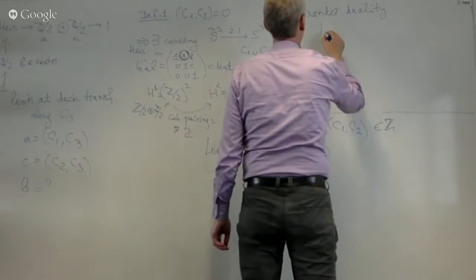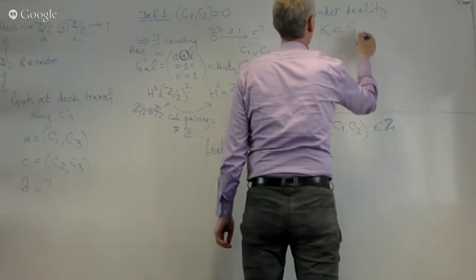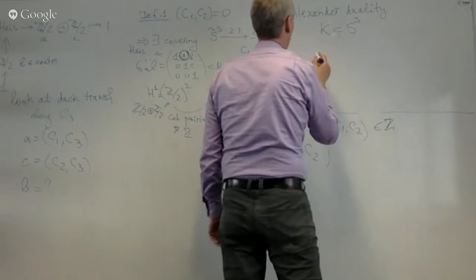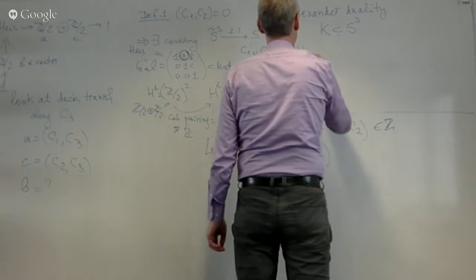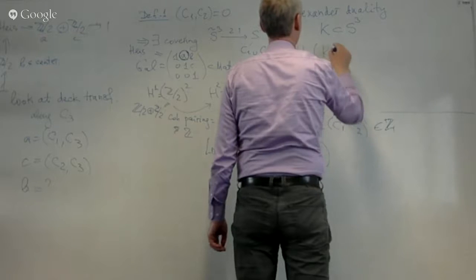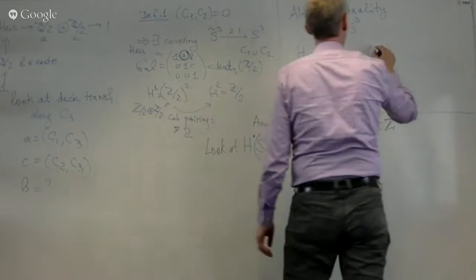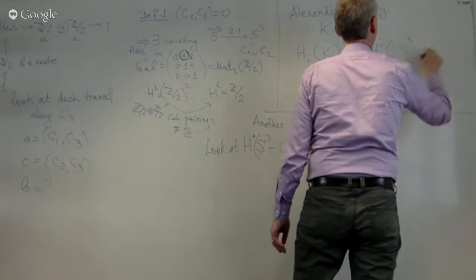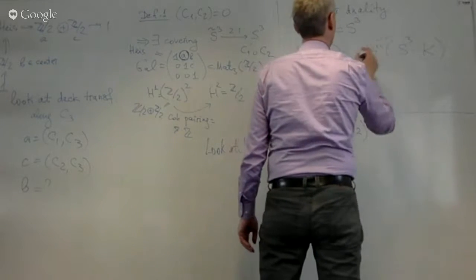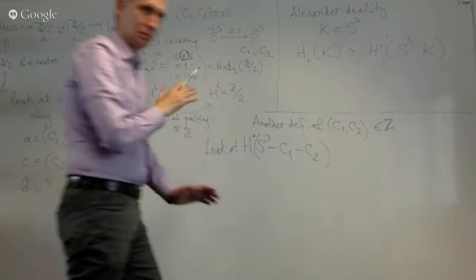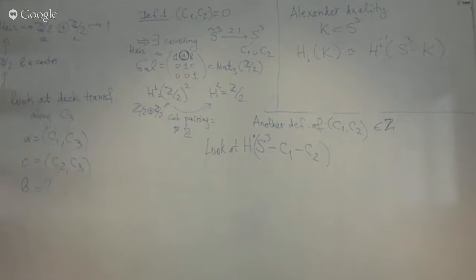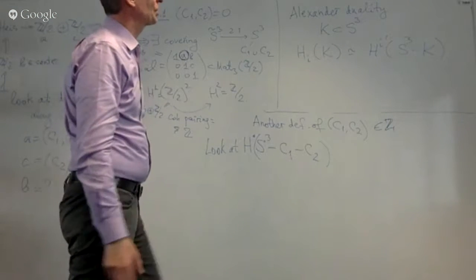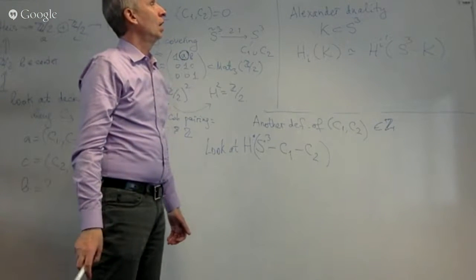We have any compact set K in a sphere, and we want to relate Hi of K and Hi of S3 minus K. In order to write it straight, we can consider an easier example.